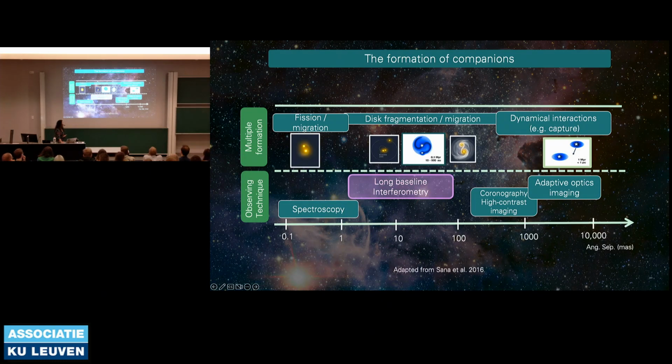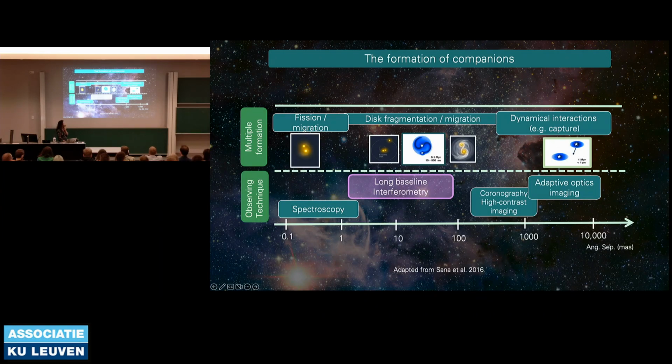The first project I'm going to talk about uses long baseline interferometry, where we try to look at wider companions, but still close enough. The idea is to understand whether or not disk fragmentation and migration can occur.